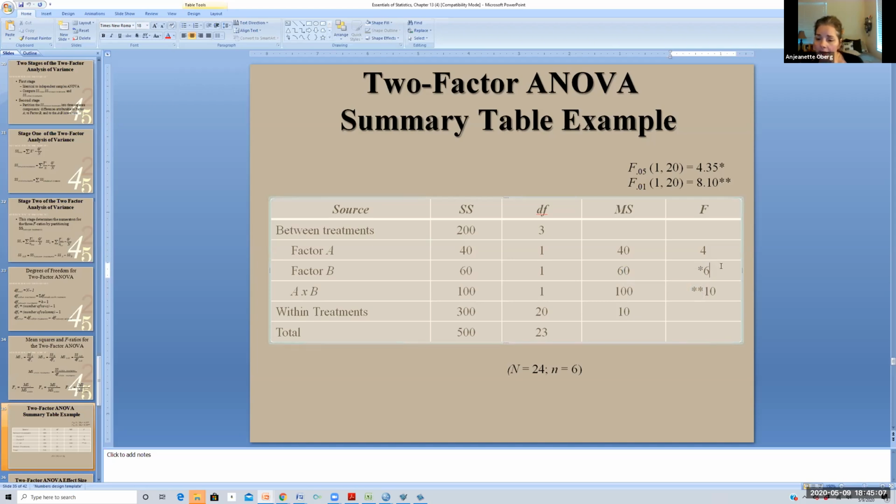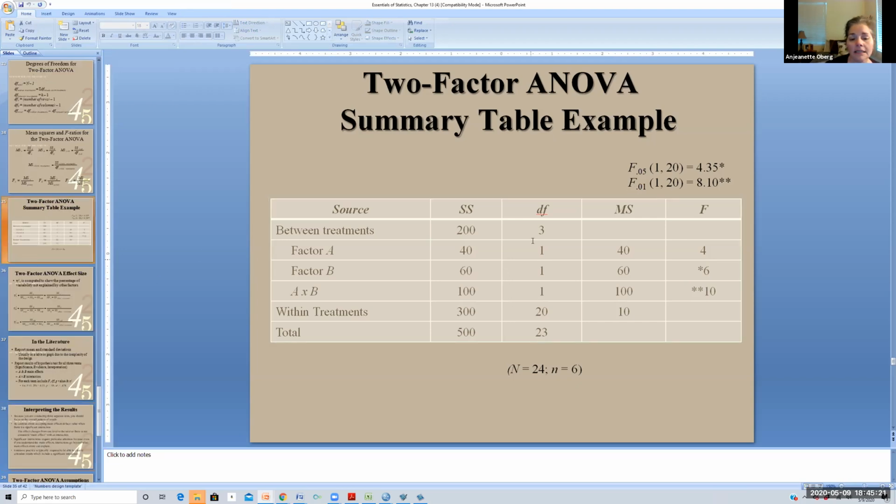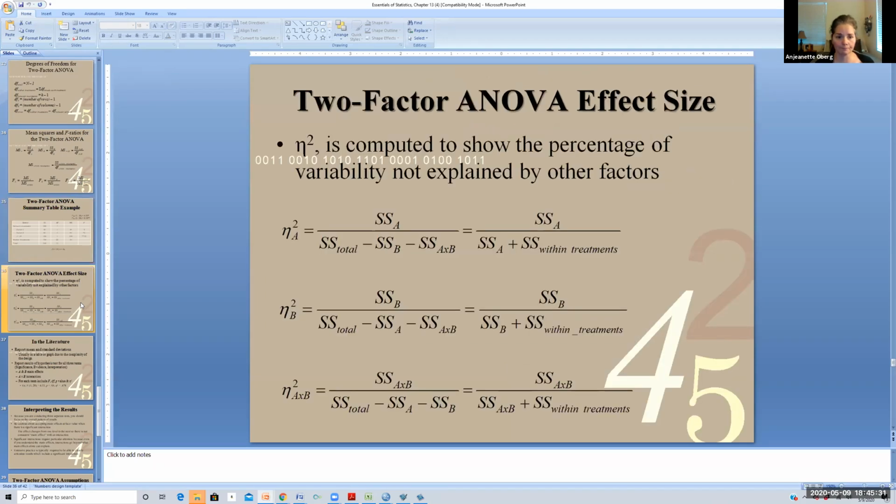This one is significant at a 0.05 level, and this is significant at a 0.01 level. So one asterisk means 0.05 and the other asterisk means 0.01. This is the standard information included in every source table, and source tables correspond to ANOVA. I think we talked about that back in chapter 12 too.